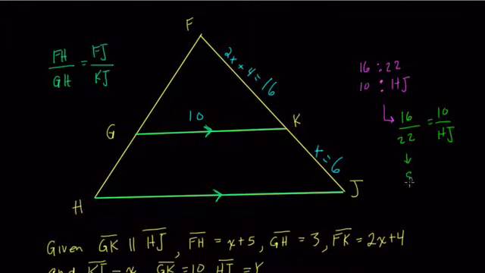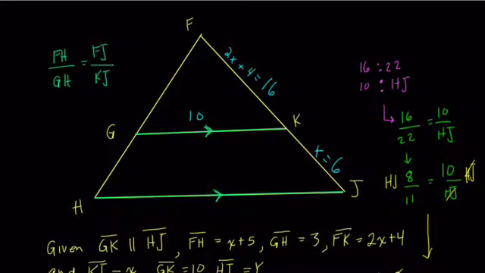Divide 16 by 2, we get 8, divide 22 by 2, we get 11. And this equals 10 over HJ. To solve this one, we're going to multiply both sides by HJ. Cancel out. And then we have HJ times 8/11ths. But I want to know what HJ is. So I multiply both sides by 11/8ths, right? So we have 11/8ths times 8/11ths HJ on the left.